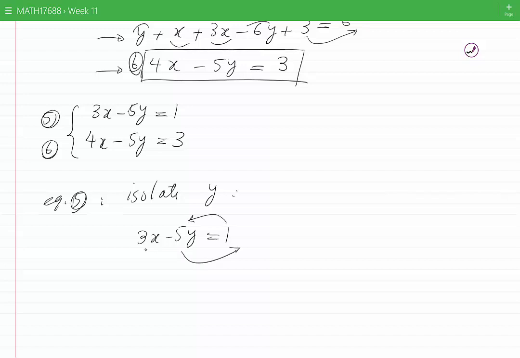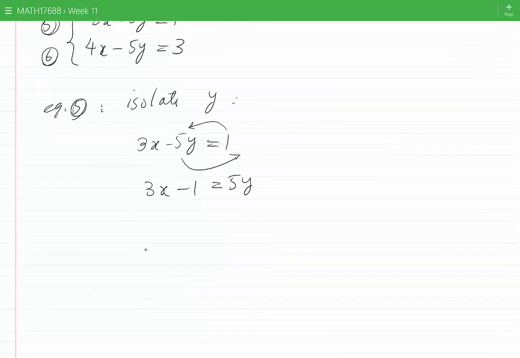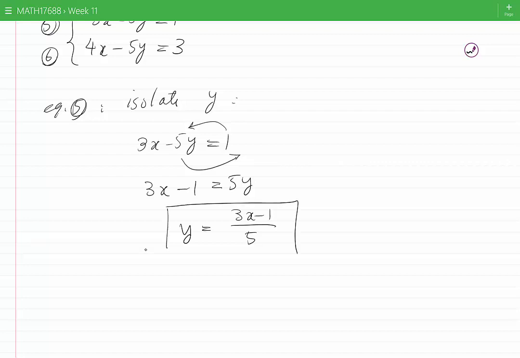I would get 3x minus 1 is equal to 5y. I can divide both sides of this equation by 5 to get y is equal to (3x minus 1) over 5. I call this equation 7.